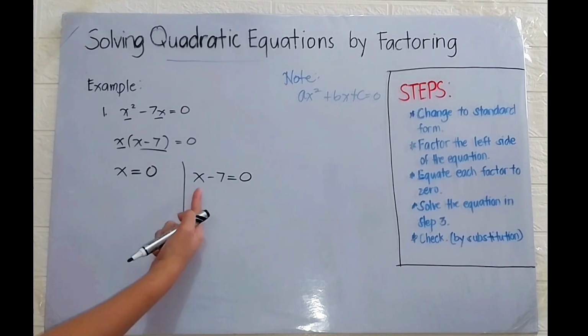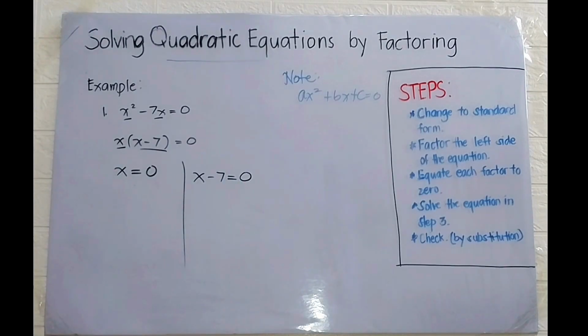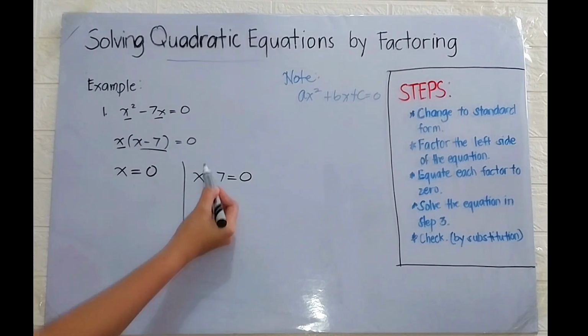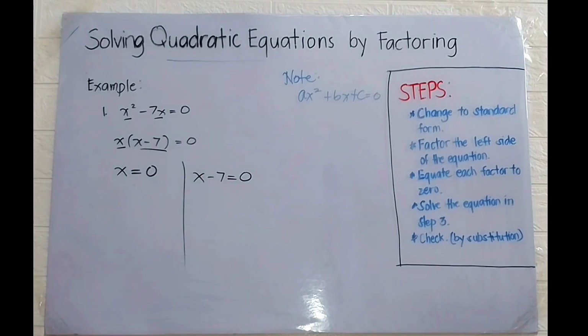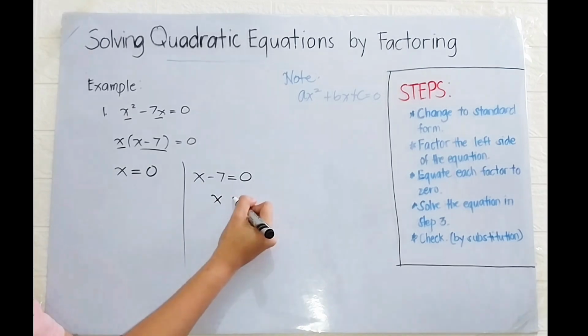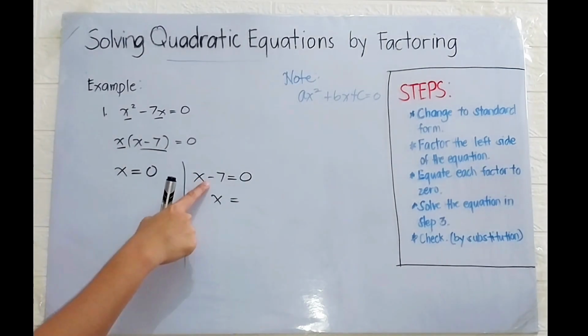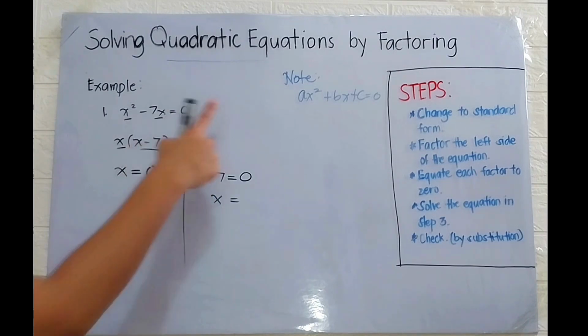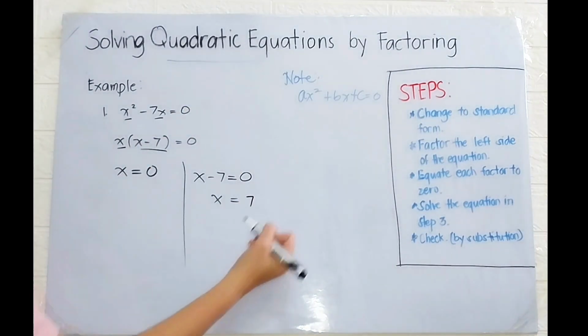Another thing, this one, x minus 7 is equal to 0. So using the addition property of equality or the APE or the transposal, the negative 7 will be transferred on the other side of the equal sign. So x equals, in transposal or APE, you need to change the sign. So from negative 7, it will become positive 7.